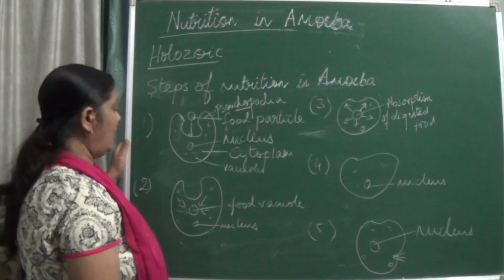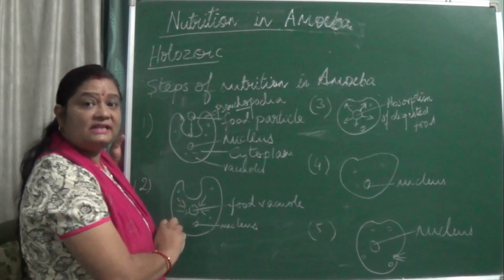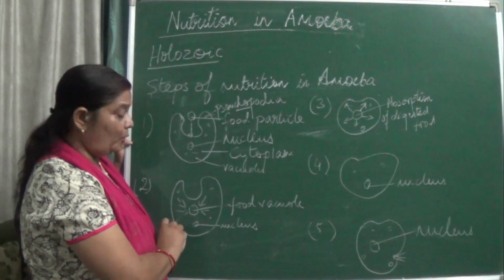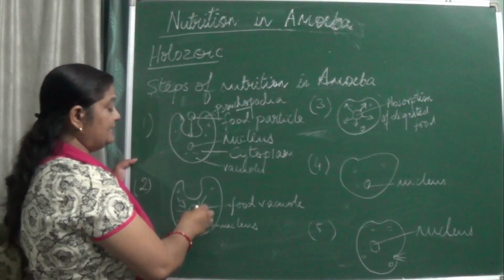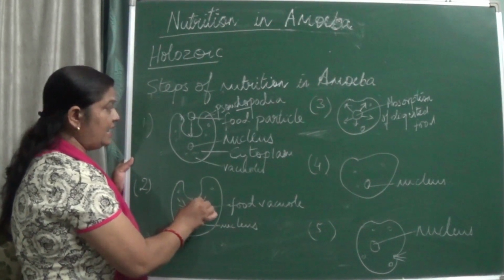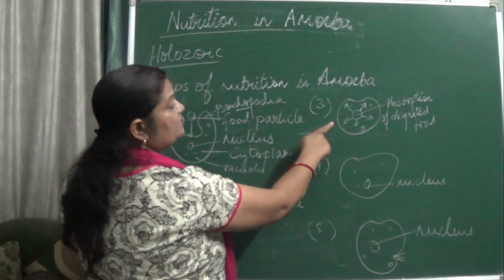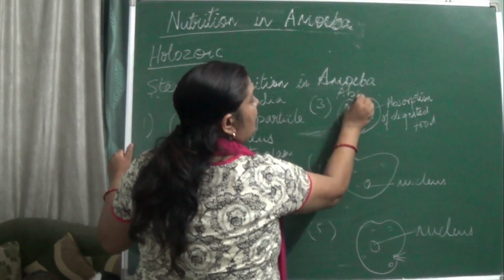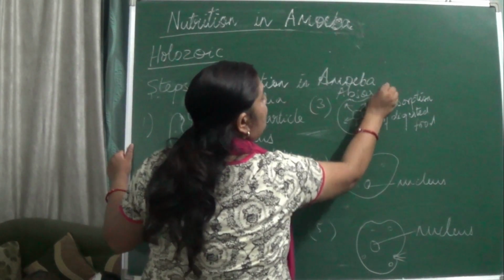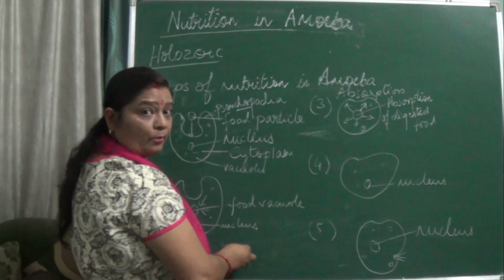Now here the food in the food vacuole is digested with the help of digestive enzymes. And once the food is digested, which process takes place? The absorption, isn't it? In this, the digested food is absorbed by the body.